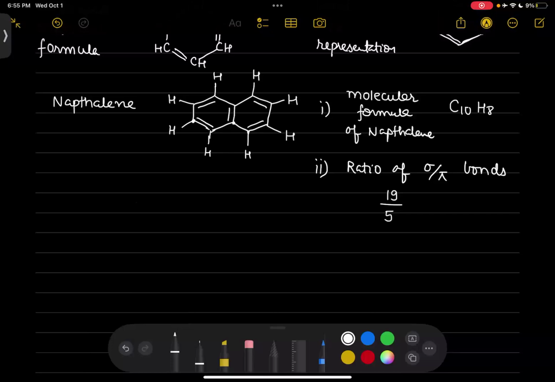What's the hybridization of this carbon atom in naphthalene? sp, sp2, sp3, sp4?